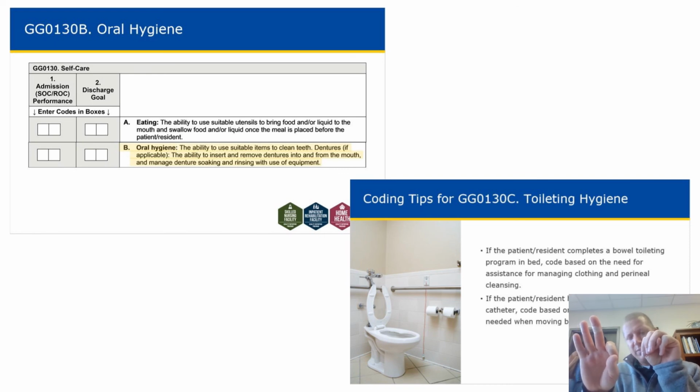Maybe they need a little bit of assistance pulling down their pants and underwear, and I can't remember what the other one is, but that is more than half of all of those tasks needed for the toilet needing physical assistance. And so again, you would be able to score them appropriately if you follow your decision tree.